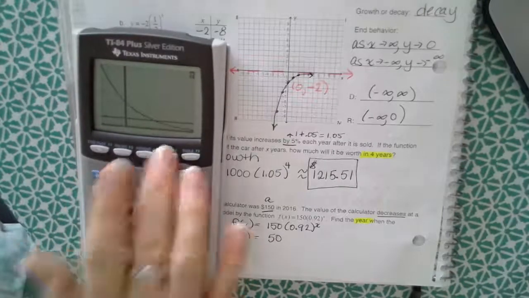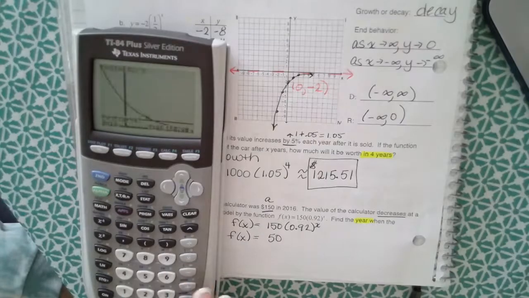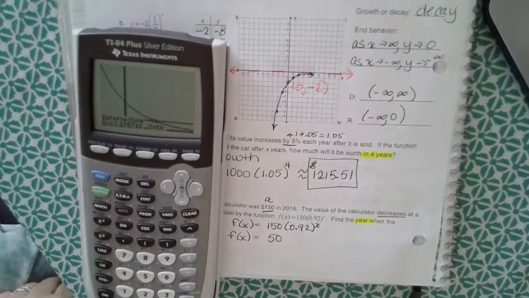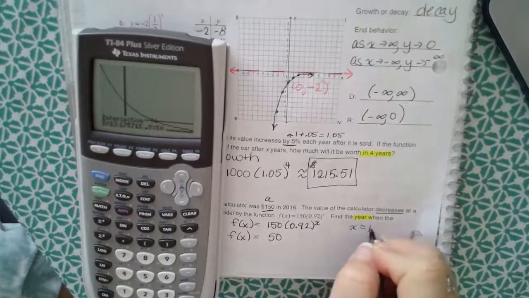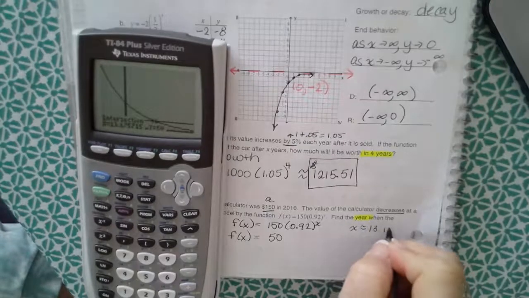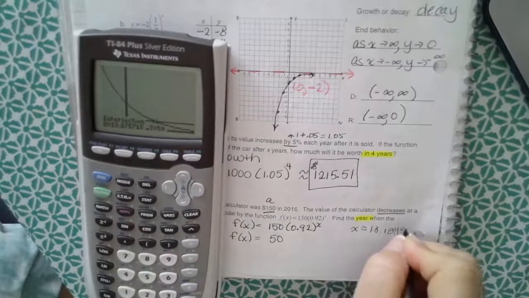So we're going to go second, trace, intersect, which was 5, enter, enter, enter. And it tells us they intersect at x equals 13 point something, y equals 50. So x is approximately 13.18 years later.